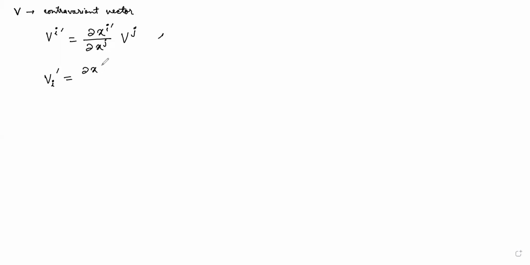So this would be dou x_j by dou x_i prime, times v_j. So this is the covariant vector, and the other is a contravariant vector.